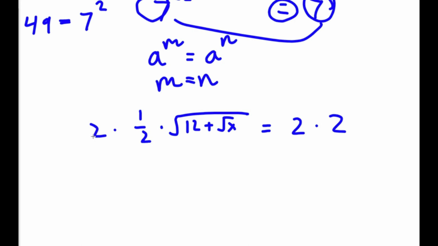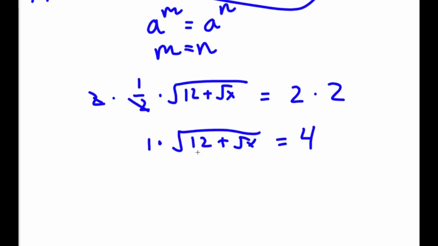So 2 times 1/2 would simply just be 1. So I have 1 times the square root of 12 plus the square root of x, and this is equal to 2 times 2, which is simply 4. And 1 times any number is itself. So 1 times 12 plus root x is simply just 12 plus root x. This is equal to 4.